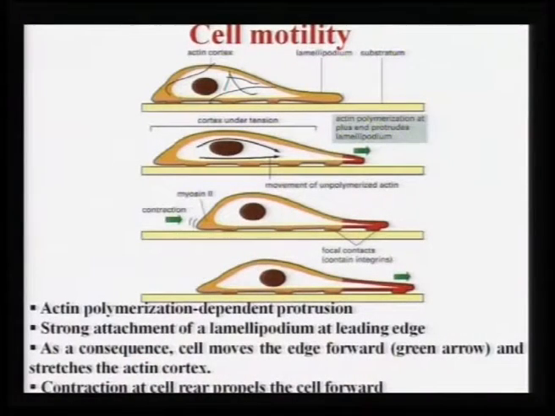That is possible because of cytoplasmic reorganization, the actin filament polymerization and depolymerization, the disassembly and reassembly of the actin filaments in the cytoplasm. These are all actin filaments in the cytoplasm.